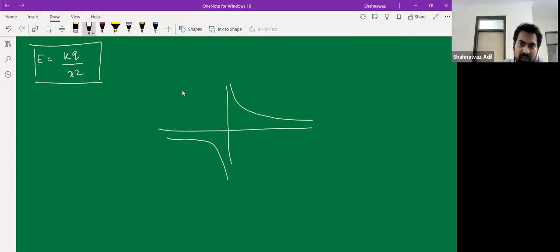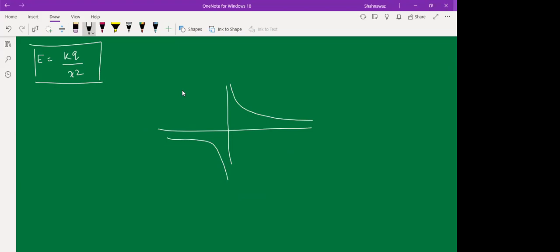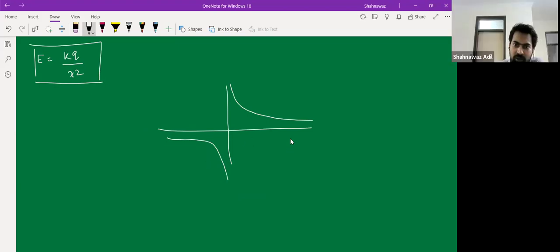Yes, sir, can you repeat? So this is the x direction and this is the electric field. This would be the variation of the electric field with the x-axis, right? This you already know, for the positive charge. Do you want me to explain this figure, or did you already do this part?